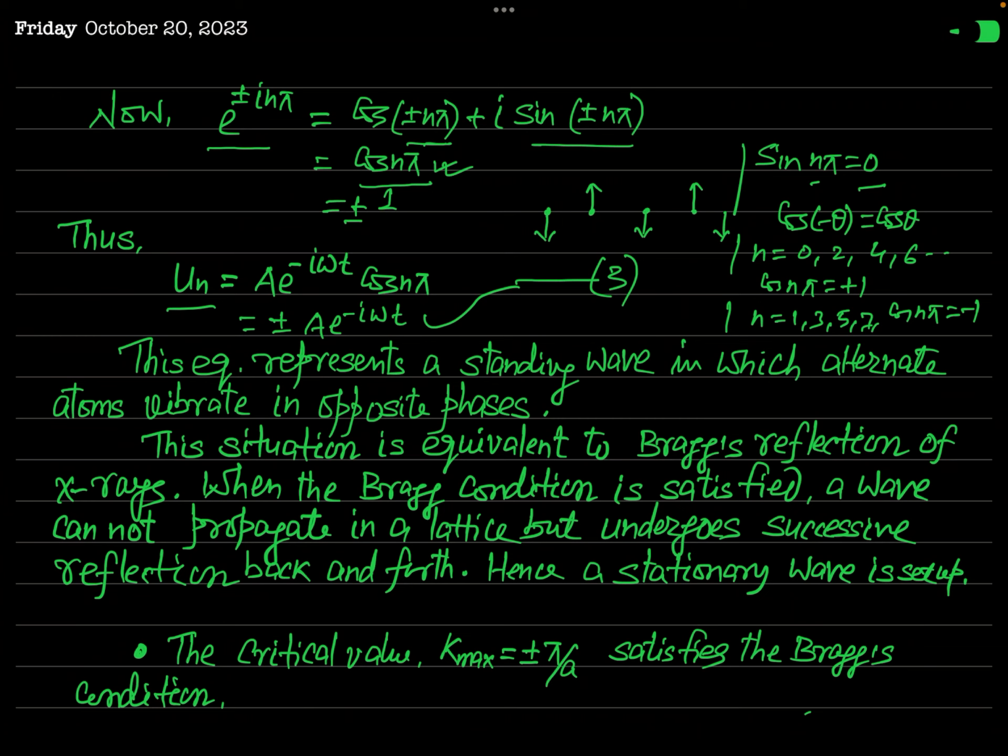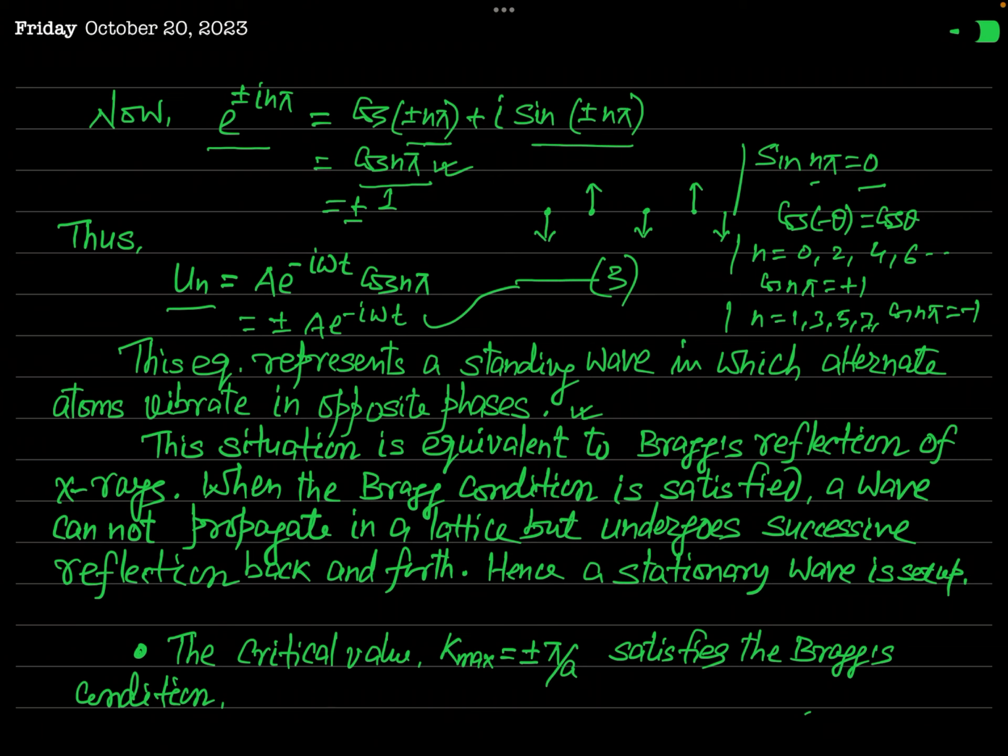So this plus minus sign actually refers to the fact that alternate atoms vibrate in opposite phases. This is a very remarkable fact, and this happens at the boundary of the first Brillouin zone.